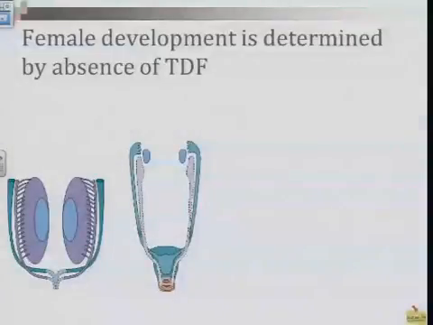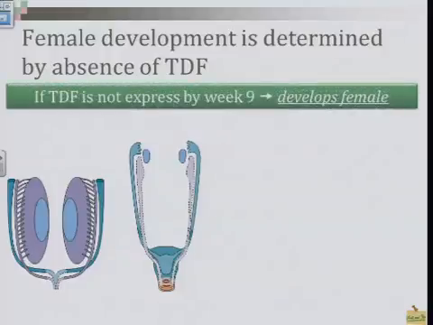Female development is caused by the absence of testes determining factor. So while there's a positive factor required for men, the default developmental pathway in the absence of any interference is female. If testes determining factor is not expressed by week 9, you end up with a female.